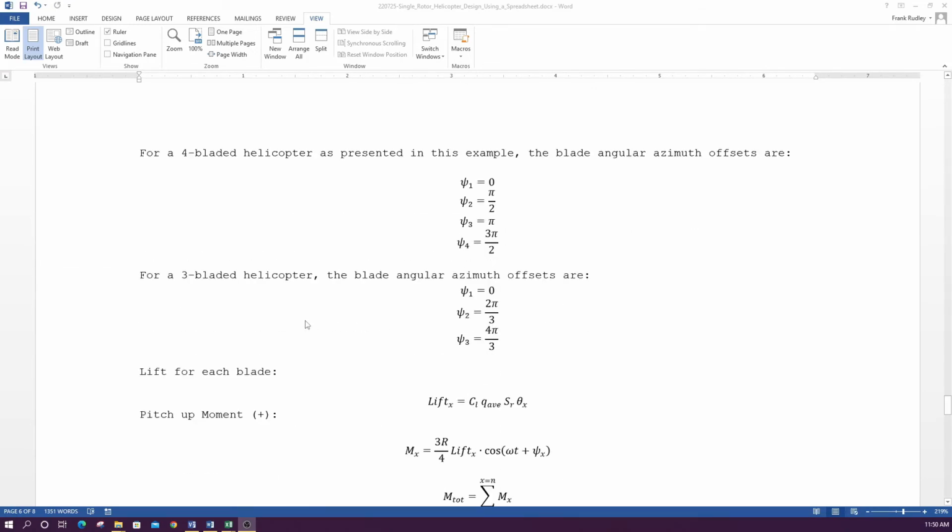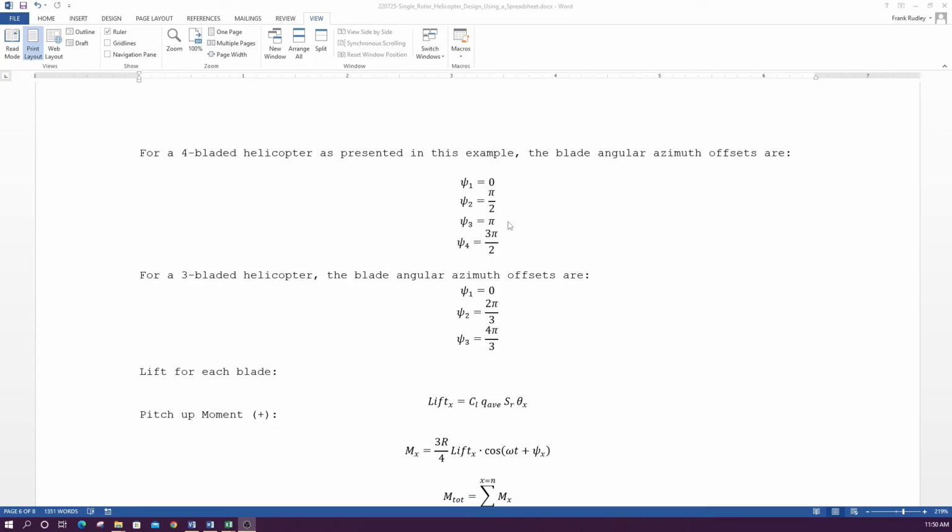So now it's time to start talking about some of the math behind this. For a 4-bladed helicopter as presented in this example, the blade angular azimuth offsets are: for the first blade, at 0 degrees, the offset is 0, and the second blade is pi over 2, which is 90 degrees.